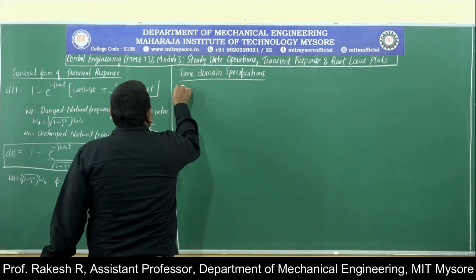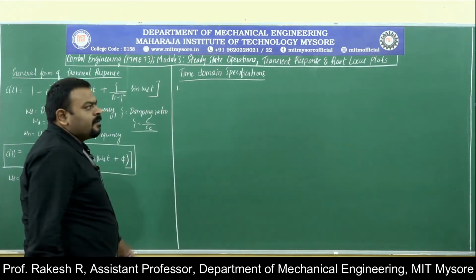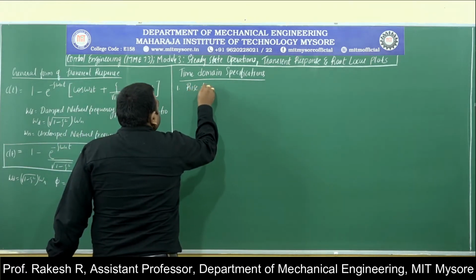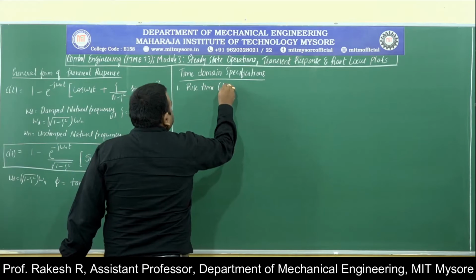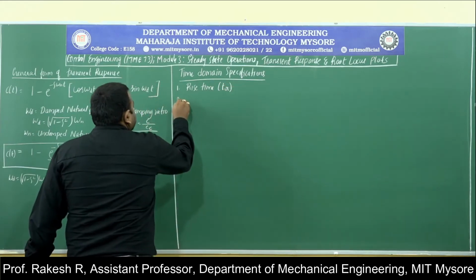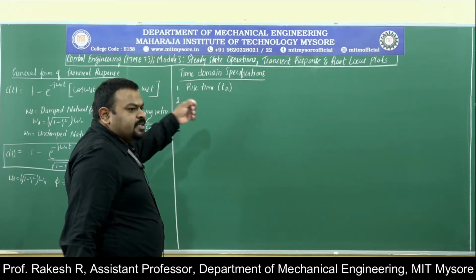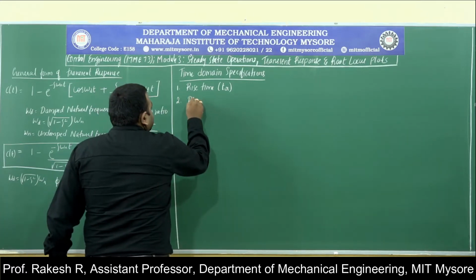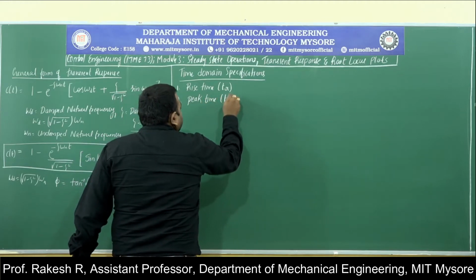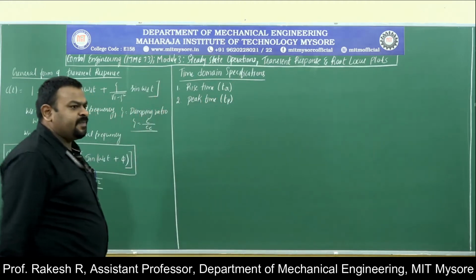Number one, rise time, denoted by t suffix r. Then another one is called peak time, denoted by Tp.